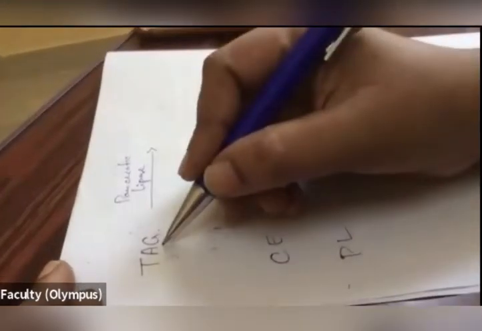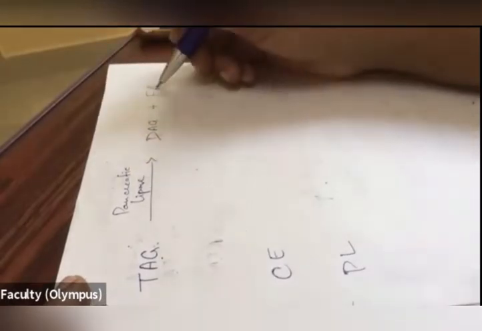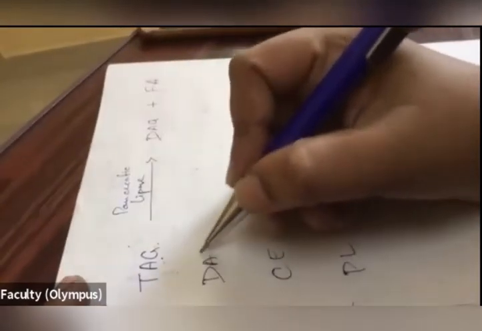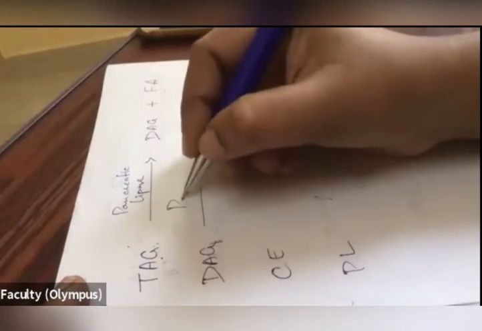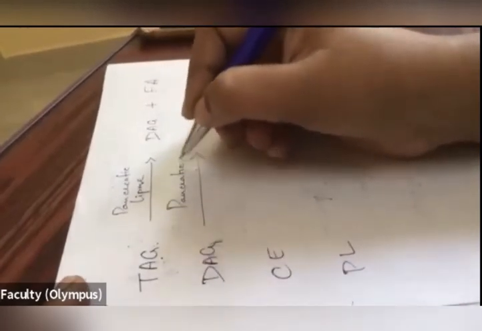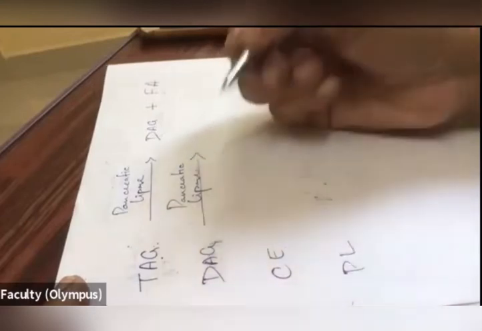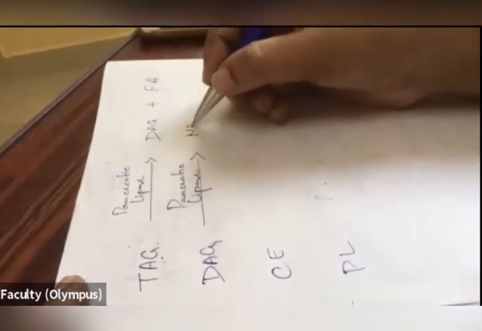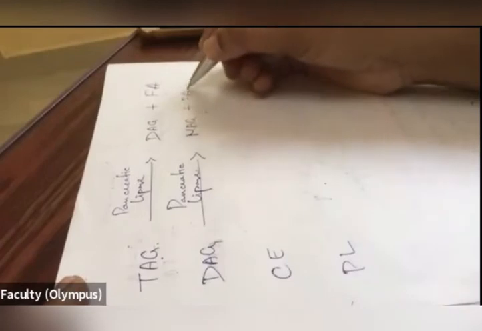In triacylglycerol, only one fatty acid from the third position is cleaved to form diacylglycerol plus fatty acid. Again, this diacylglycerol is acted upon by the pancreatic lipase to form monoacylglycerol plus fatty acid.